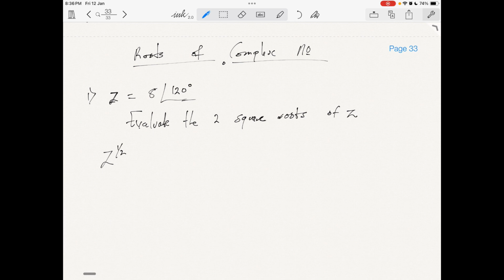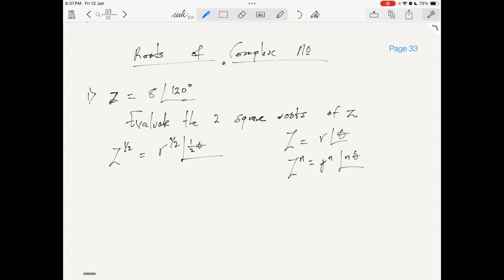Now applying this, z raised to power half, we can say that it is r raised to power half into 1 over 2 theta, because if z is equal to r argument theta, z raised to power n is r raised to power n multiplied by n theta.